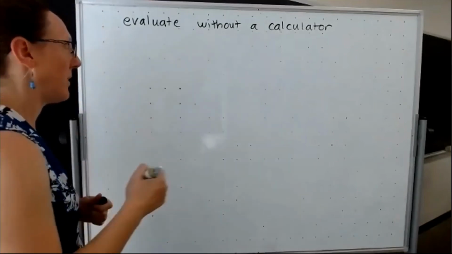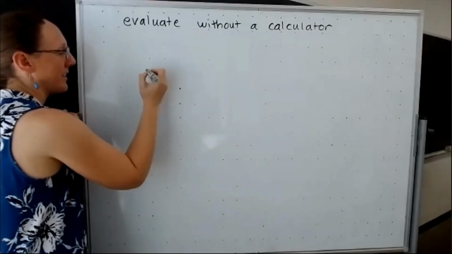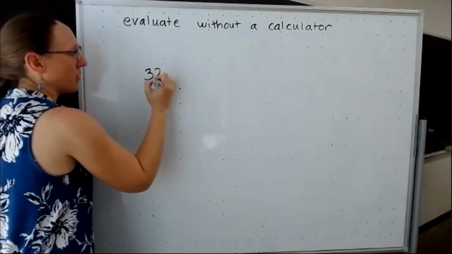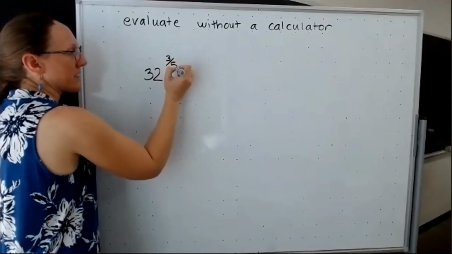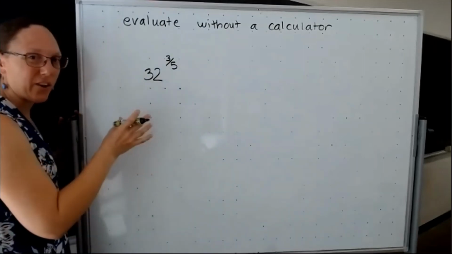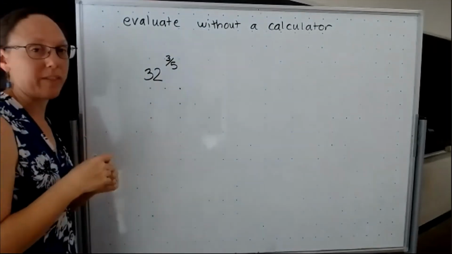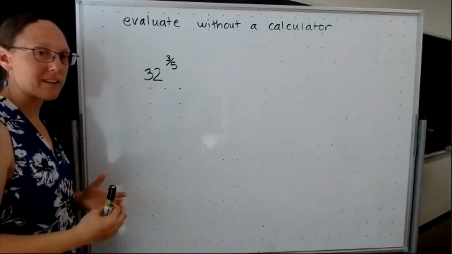For example, if I said something like, we're going to evaluate 32 raised to the 3/5 power. This is a number that we should be able to evaluate without a calculator. And we have choices for how we're going to deal with this.